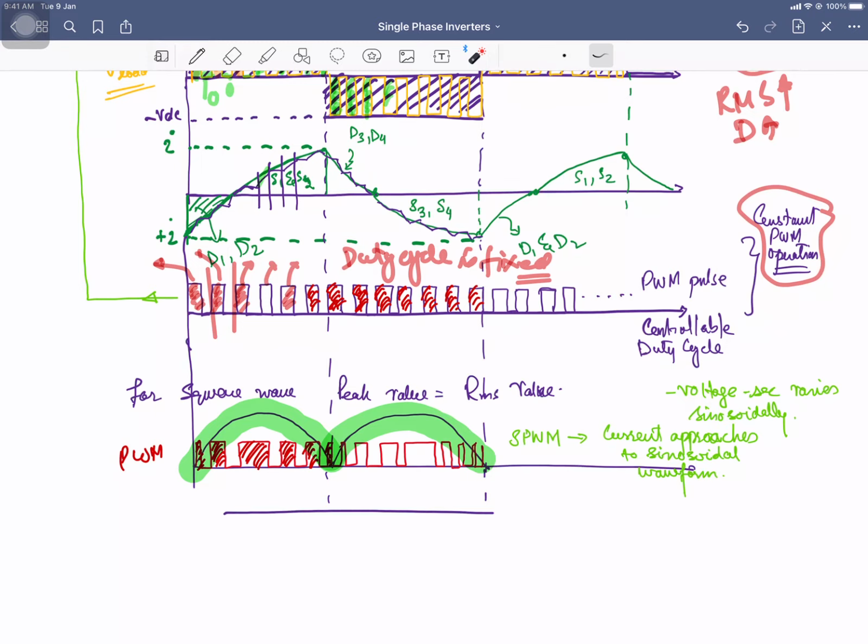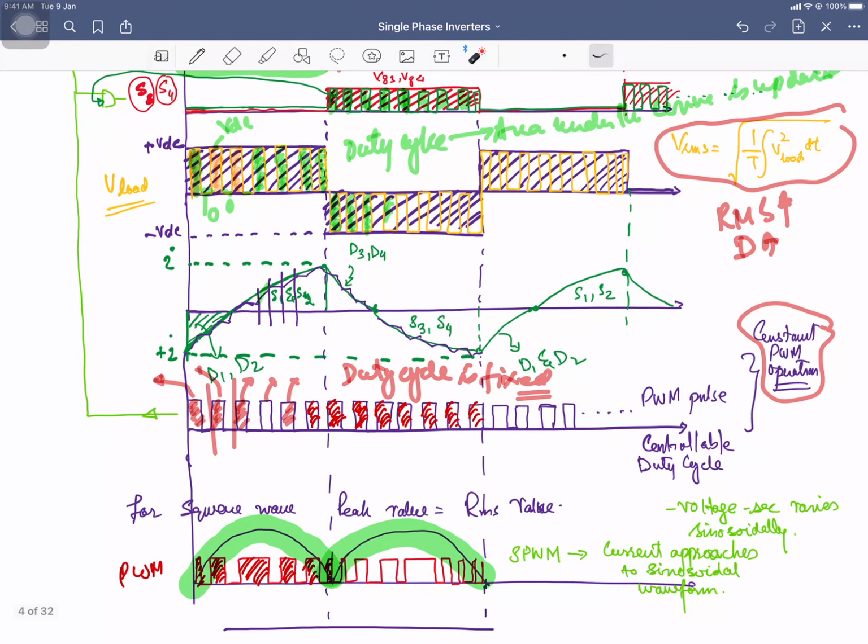So what will be the advantage of using the sinusoidal PWM? The advantage will be that this current waveform will be approaching the sinusoidal waveform.